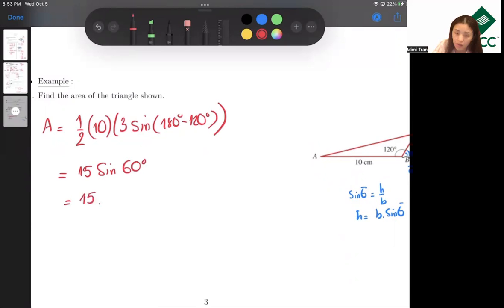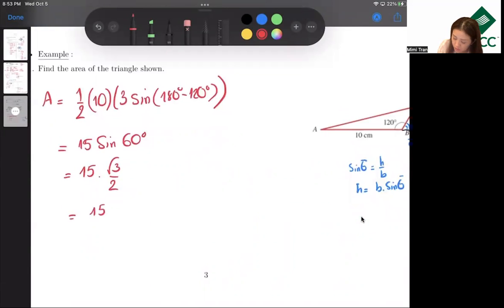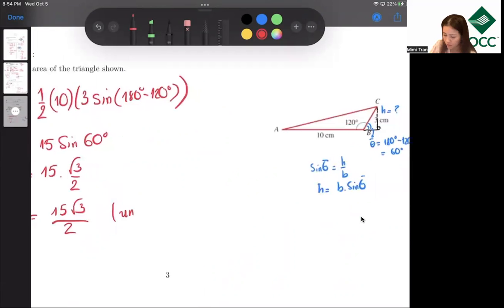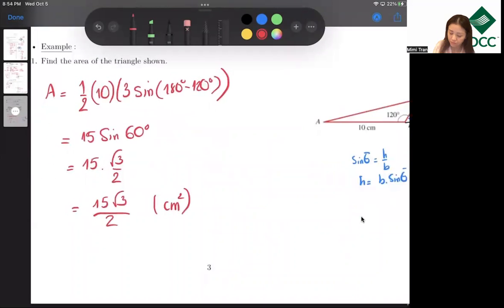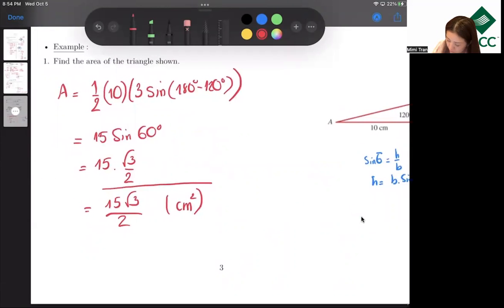So 15 times root 3 over 2, which is 15 root 3 over 2 square centimeters. And that'll be our answer.